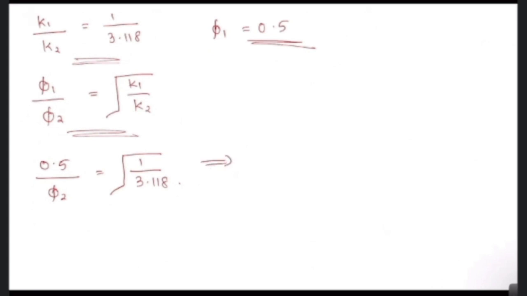If we solve this, we get phi 2 as 0.885. So this is our Thiele modulus at 470 Kelvin.